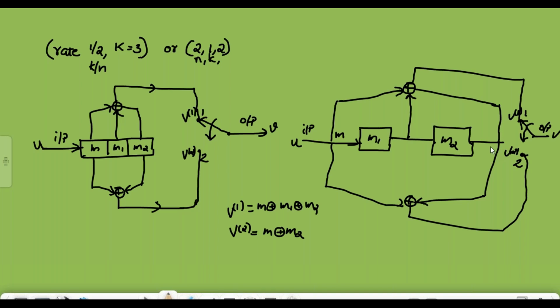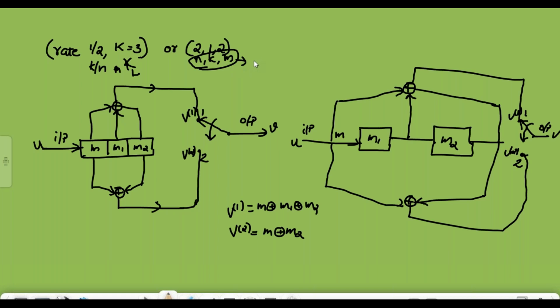The convention used is sometimes termed as small letter m, n-k-m. It means this n-k-m, for example rate 1/2, that is k by n, and capital K. Sometimes it is given as L, capital L, and here it is n-k-m.